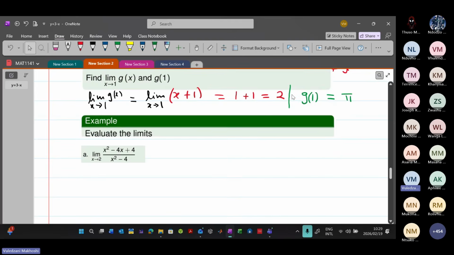Okay, I hope that is okay. Then the next example, we just want to look at this kind of limit. We have a rational function. Again, the first question that we ask ourselves is, is 2 in the domain of our function?